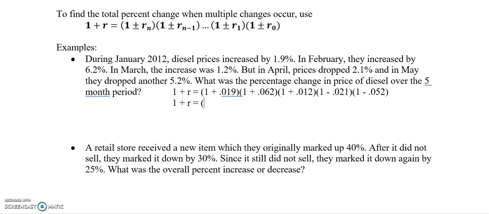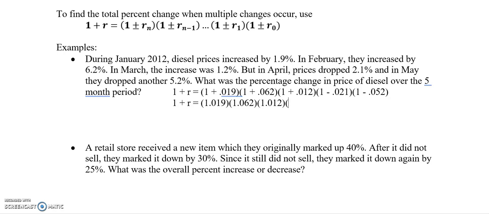So we're going to do what's inside the parentheses. 1 plus 0.019 is 1.019 times 1 plus 0.062, and we're just going to continue doing this until we do all of the operations inside the parentheses. Now be careful, these last two are subtraction, so we're going to have to take that into account.